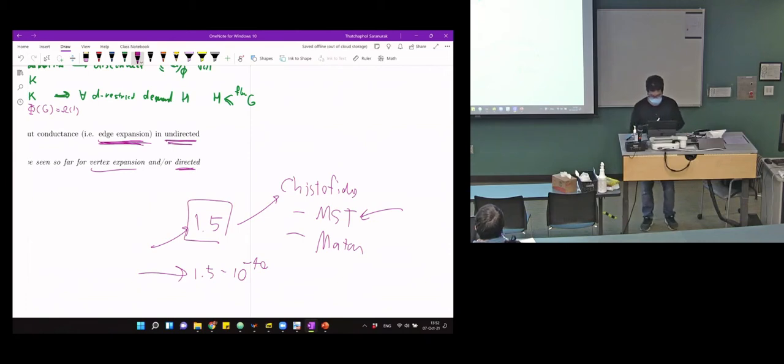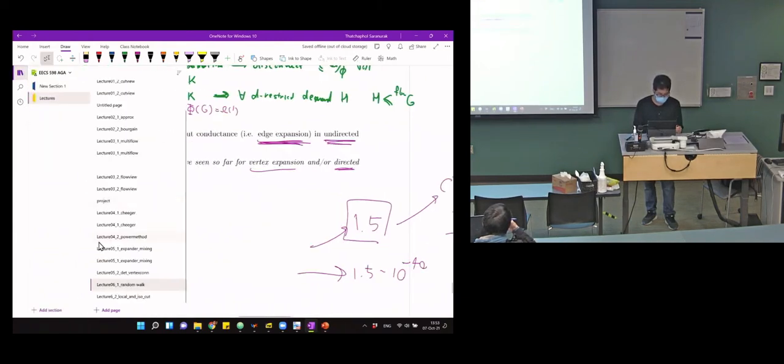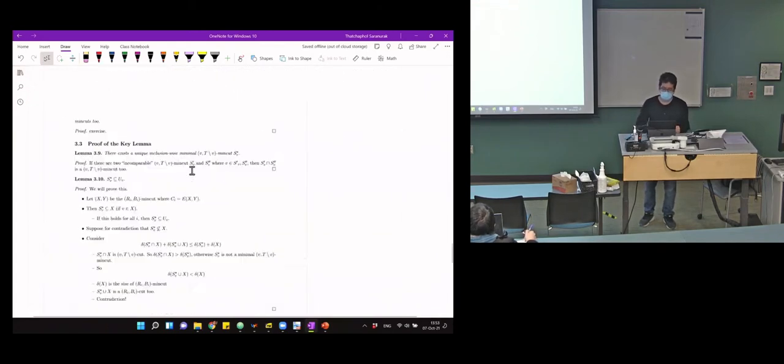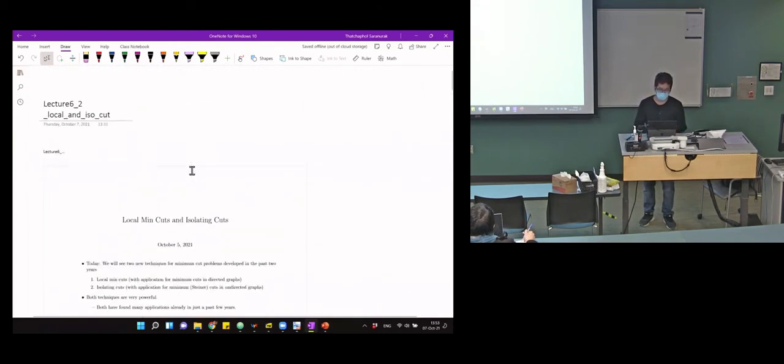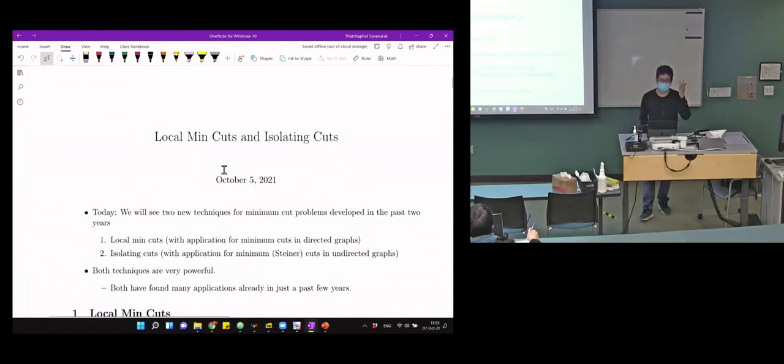All right. So next, before we go to the algorithmic part related to expanders, I want to tell you about two cute techniques, which are quite new, but so powerful that they have found a lot of applications already in the past 2 years.